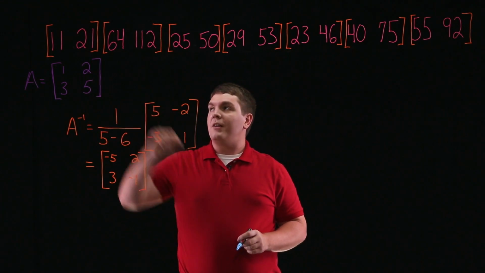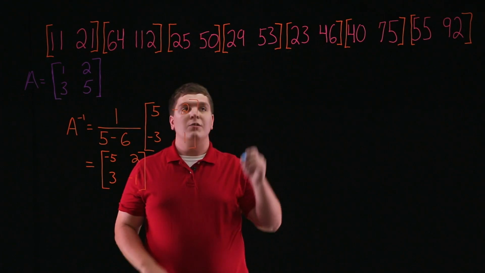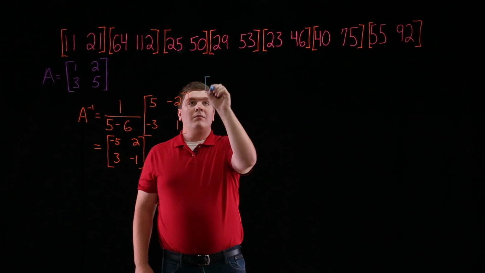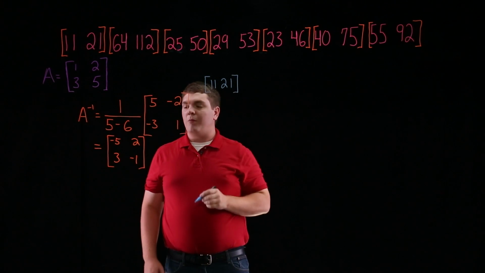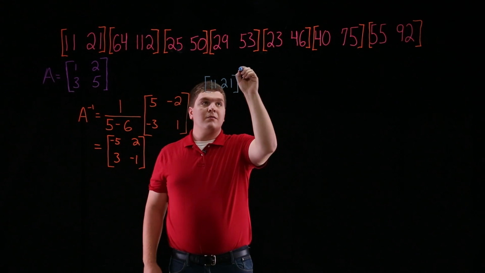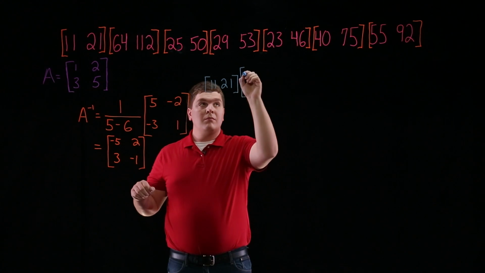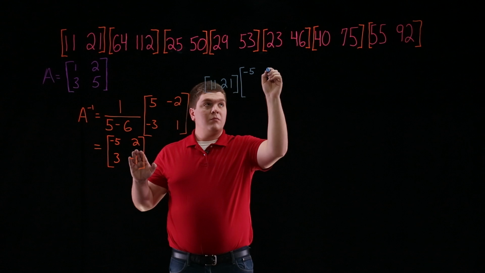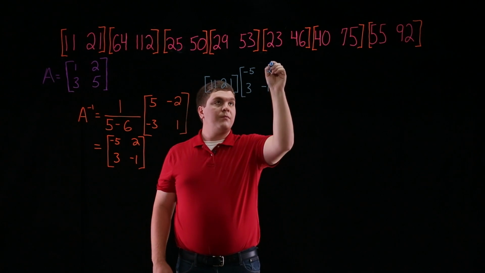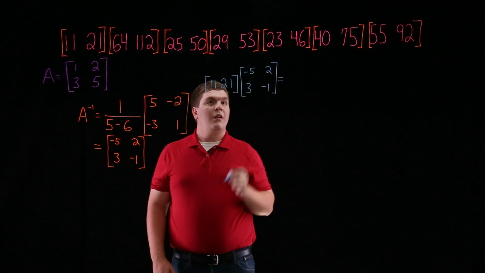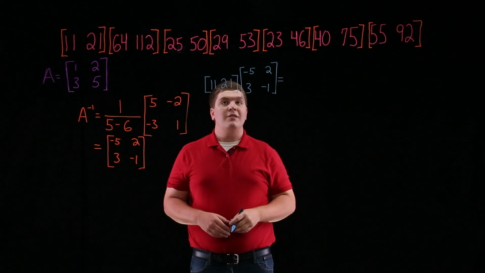So let's write down our first matrix, which is 11, 21, and we'll multiply this by A inverse, negative 5, 2, 3, negative 1. What we're going to be left with is a 1 by 2 matrix.